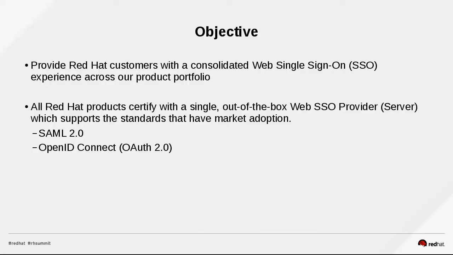Okay, so I'll just switch gears to talk a little bit about our new single sign-on service, Keycloak. This is a very popular product, and the objective here is to provide a consolidated web single sign-on experience across our entire product portfolio. So this is not going to be applied only to JBoss middleware, but we are also going to have our platform side products, the Linux side products, use this offering for federation and single sign-on.